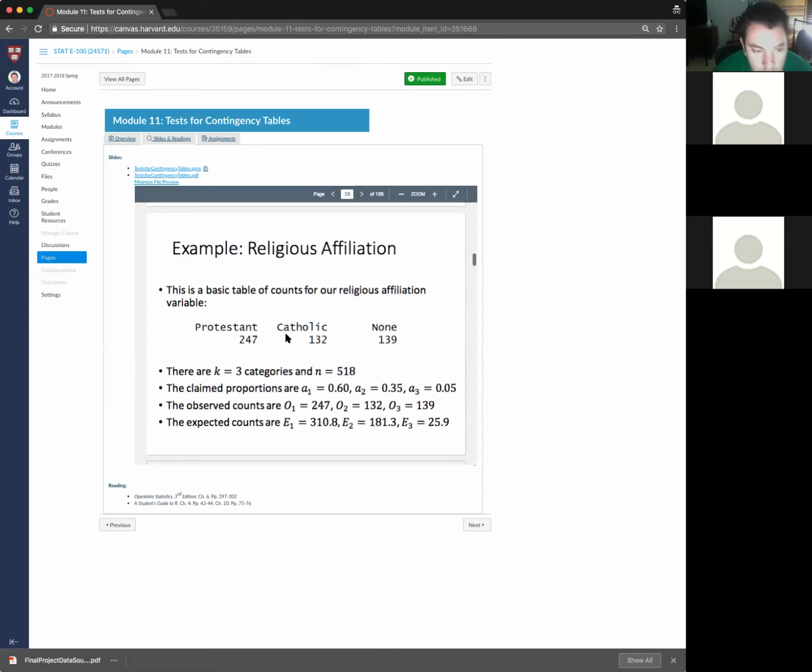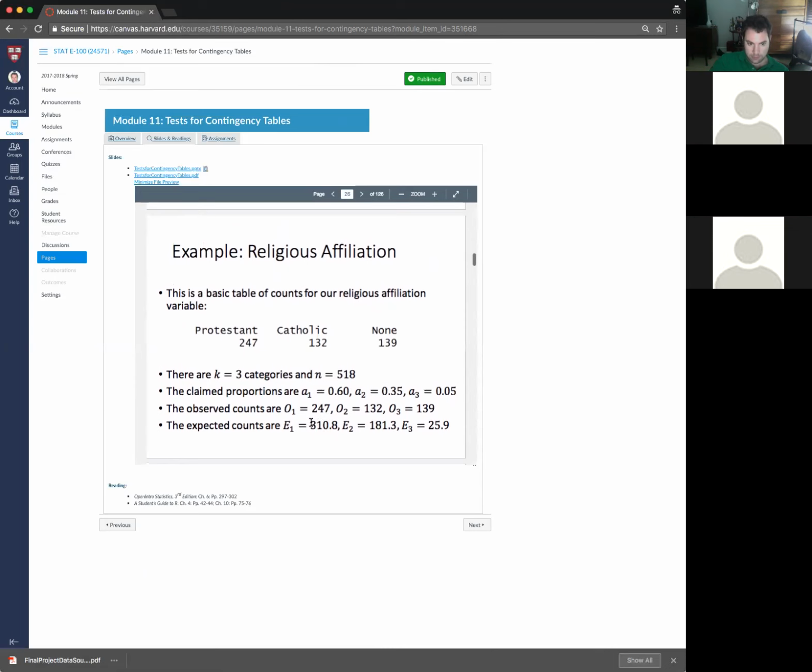Okay. So here, this is the table of observations, and we calculated what our expected counts are. So from here, we could just calculate what our chi-squared test statistic will be. And the way we would do that is we would take each of the expected values. So the first one, we expected there to be 310.8 Protestants, but there's actually 247.